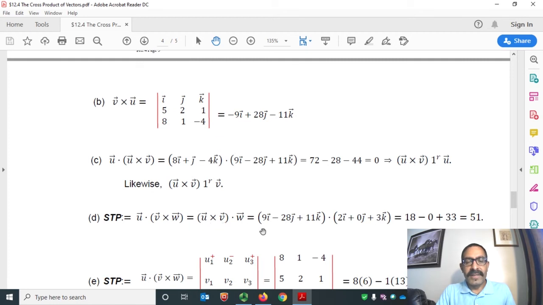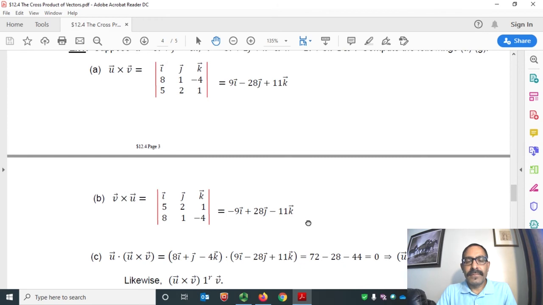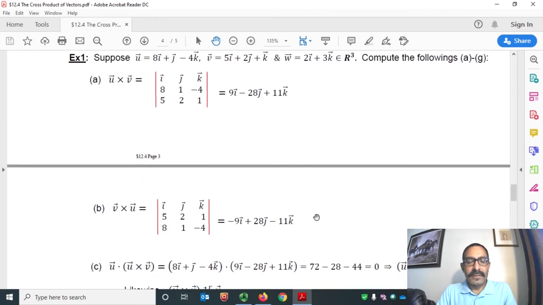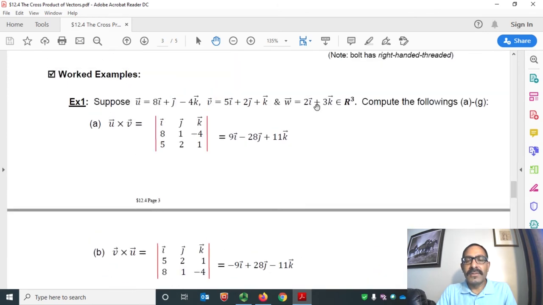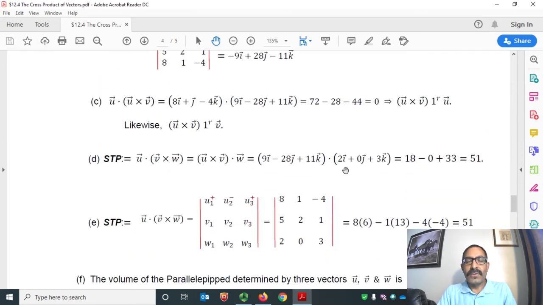So U cross V, again we found in part A, is 9i minus 28j plus 11k, and the W vector is 2i plus 3k. So no j here. That means we can put 2i plus 0j plus 3k here.